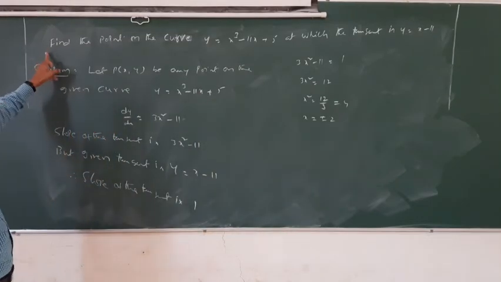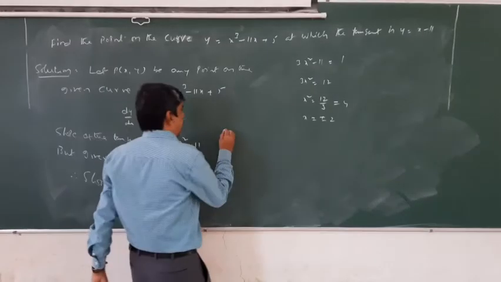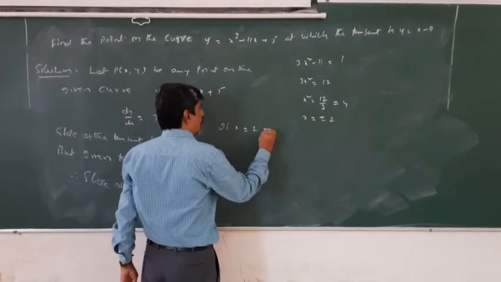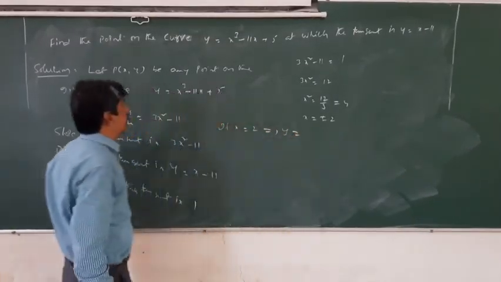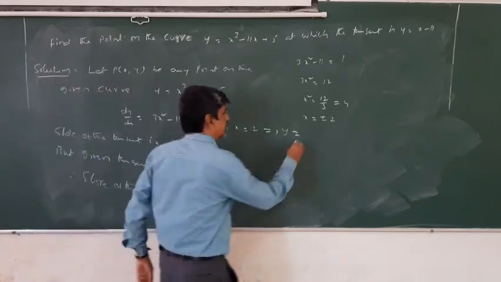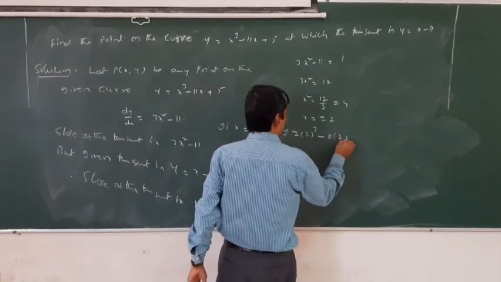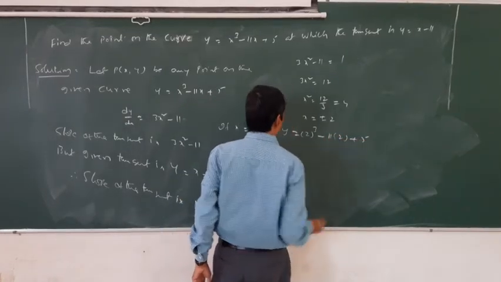Now we want to find the point on the curve. So if x is equal to 2, then y is equal to 2 cube minus 11 into 2 plus 5.